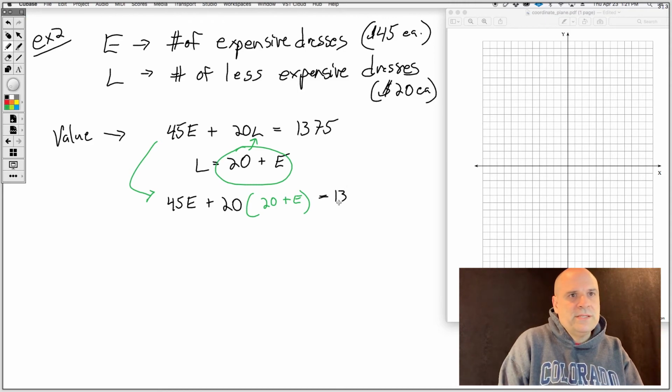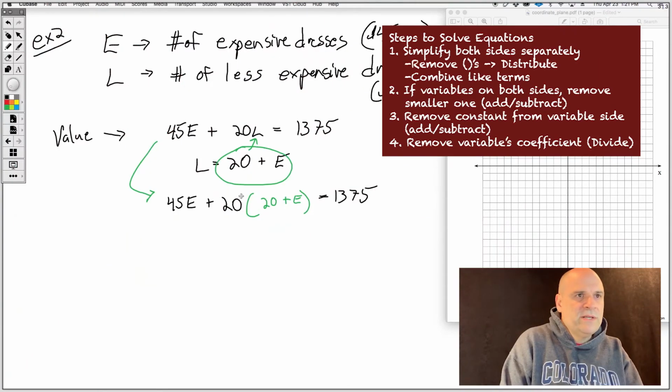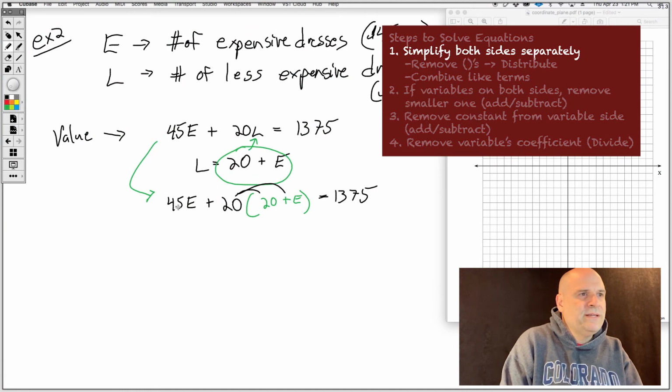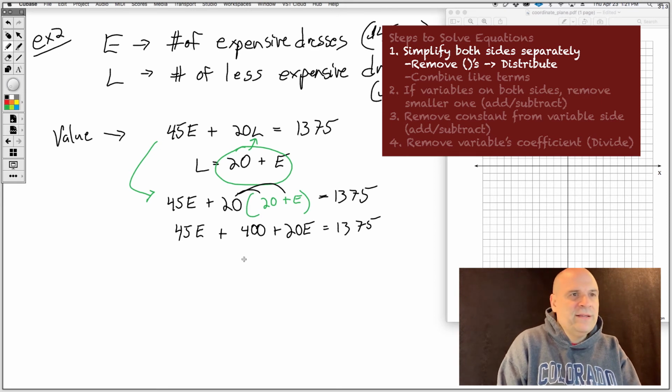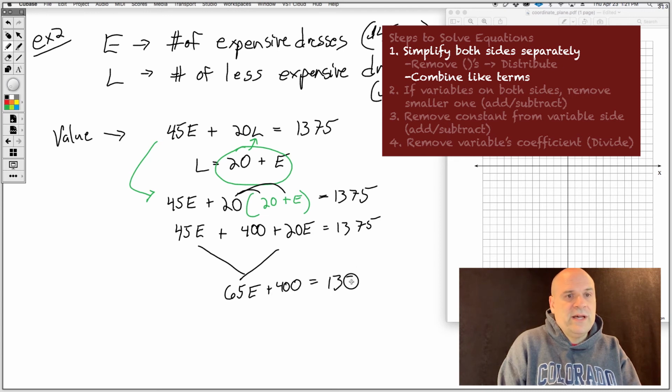First step, solving equations, simplify both sides separately. So we're just going to distribute. That's the first part of simplifying. So that's 400 plus 20E, and that still all equals 1375. Next step to simplifying both sides separately is to combine like terms. So 45E and 20E is 65E plus 400 equals 1375.